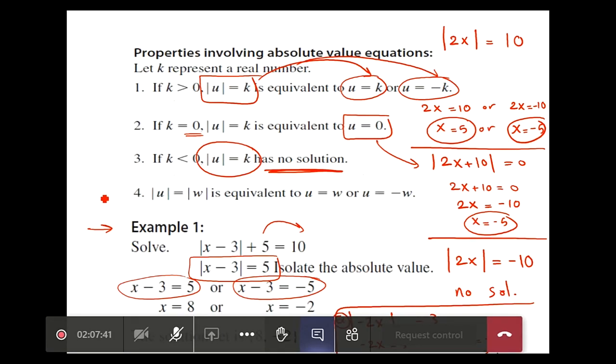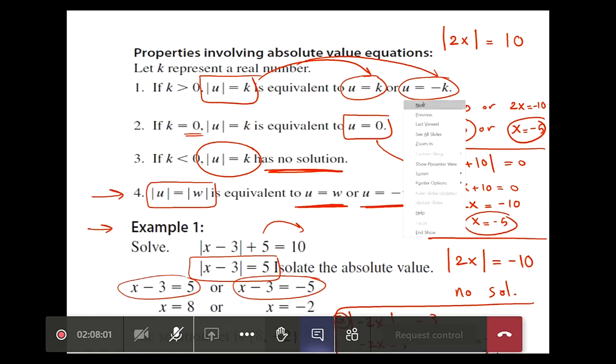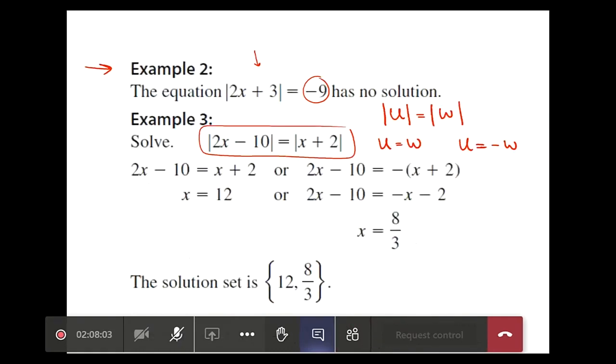Number 4: if we have absolute value on both sides, put it on either side, w or u, no problem: u equal w, u equal negative w, like this.